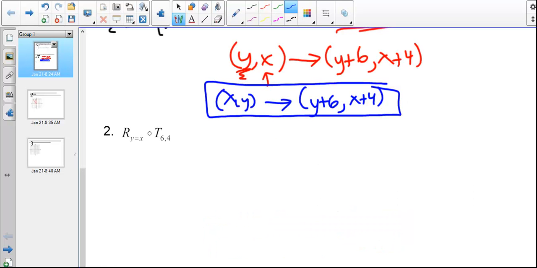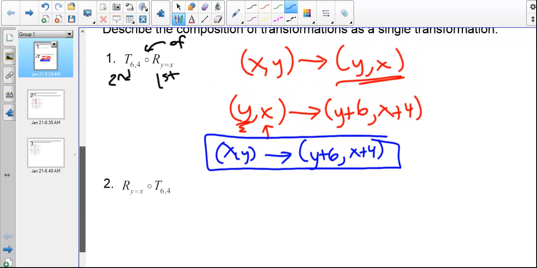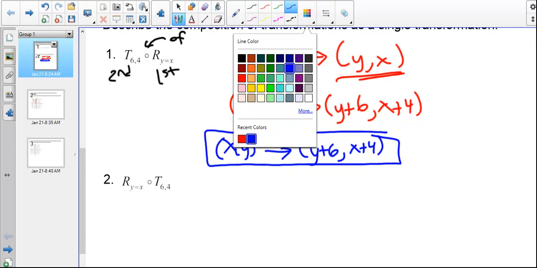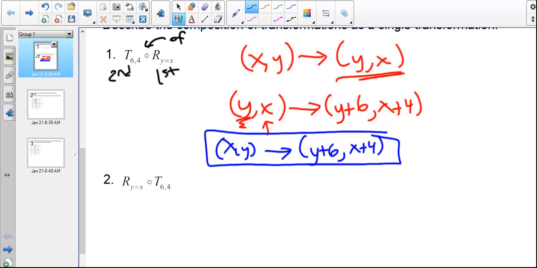Now, like I said a second ago, the order is really important. So I want to take a look at the exact same transformations, a reflection over y equals x and a translation, but in the opposite order, and see what happens. The first thing I would do, again, is my translation here. So I want (x, y) to be moved to the right 6 and up 4.